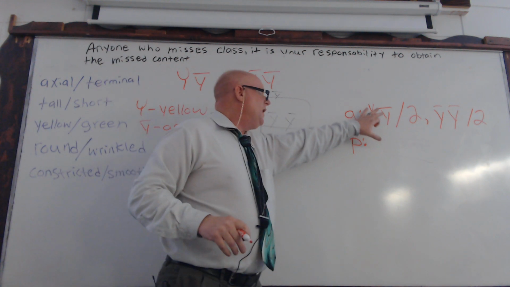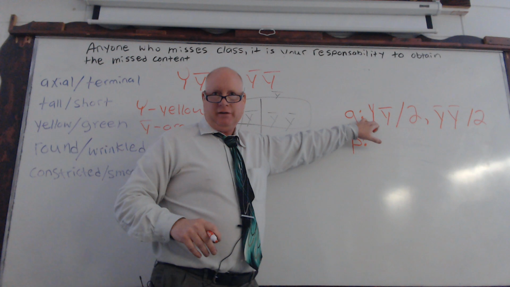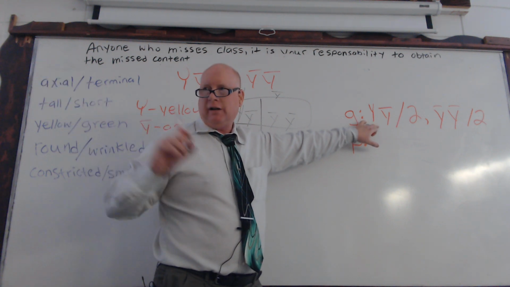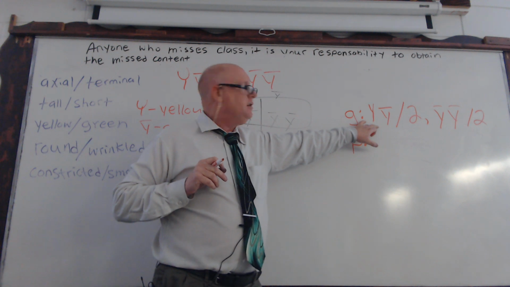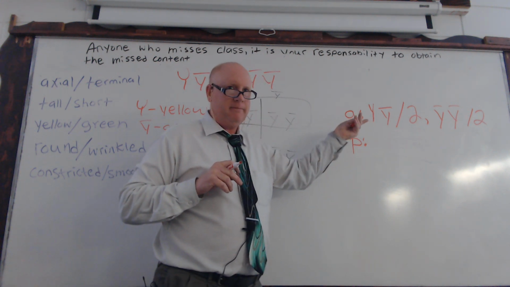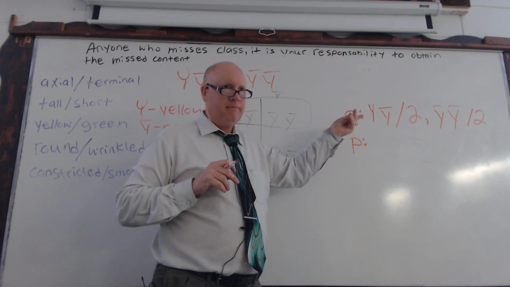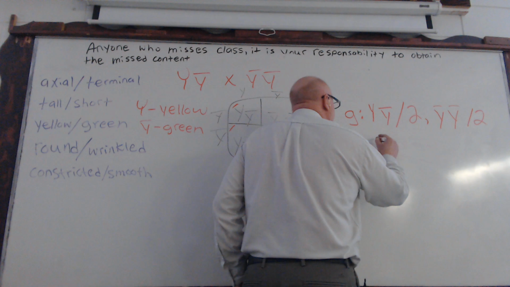So, what would you observe with these two alleles? Now you can do your color. I know that's capital, that's lowercase, but what does it look like? Looks like a yellow. We have 2 yellow.